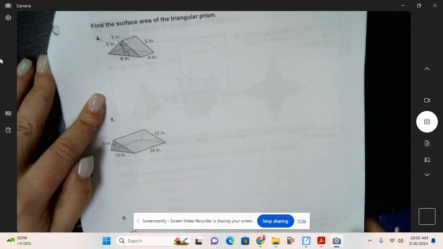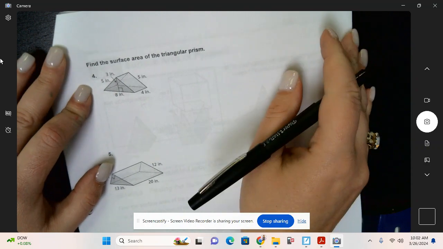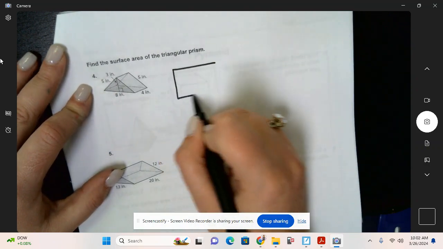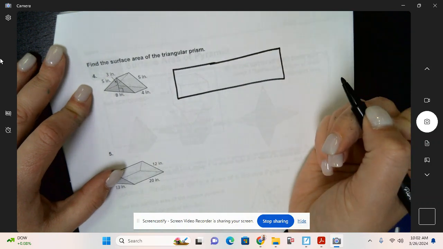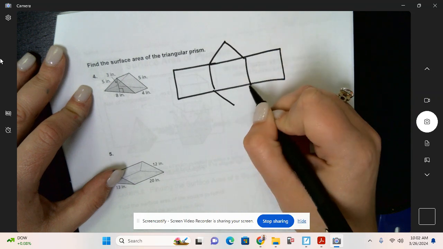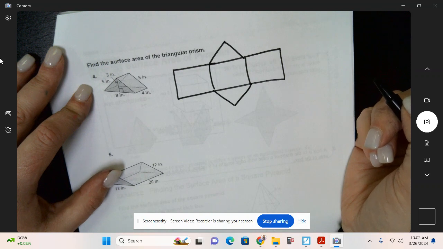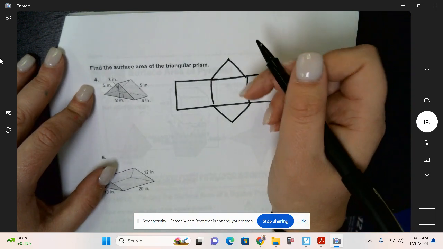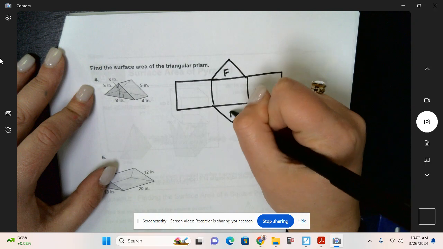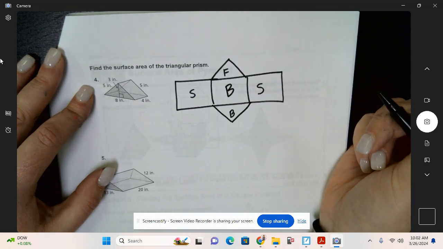Now we have to learn about right triangles. Let's start with number 4 first. We have to draw our net. Front, back, side, side. So this is my bottom.